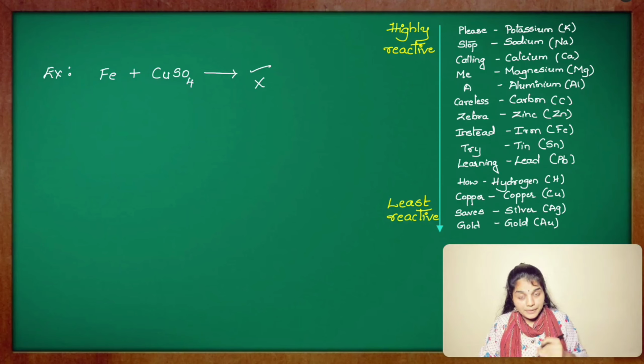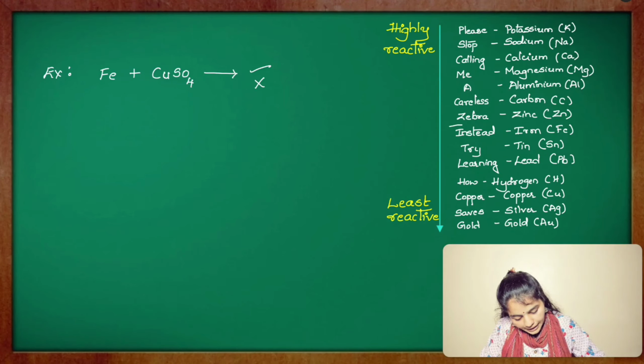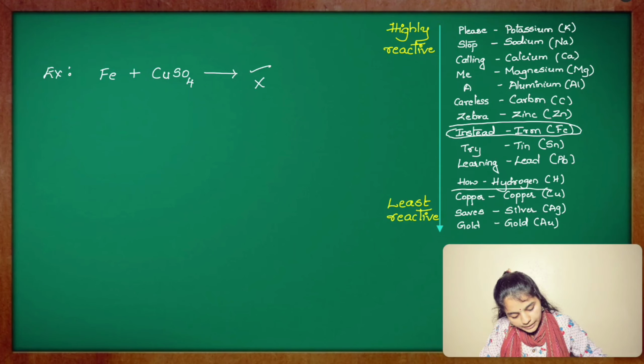If iron is present above copper in the reactivity series, then iron can displace copper. Let us check. In the reactivity series, we have iron in the middle of the series and copper at the bottom of the series.